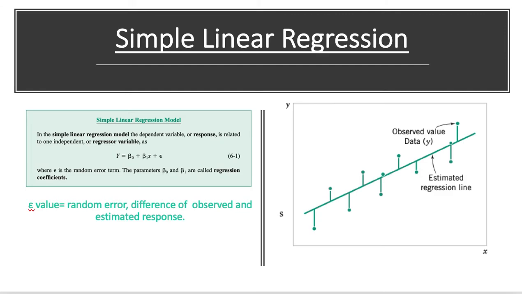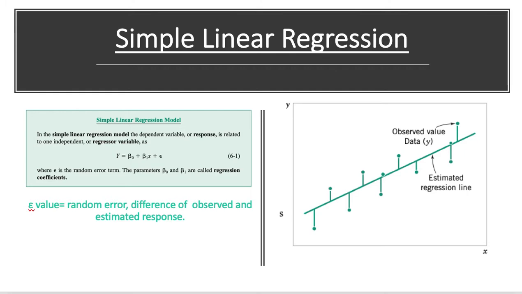On the left, you can see the general formula for simple linear regression. In the simple linear regression model, we have the dependent variable, often called the response, and the independent variable, often called the regressor variable.